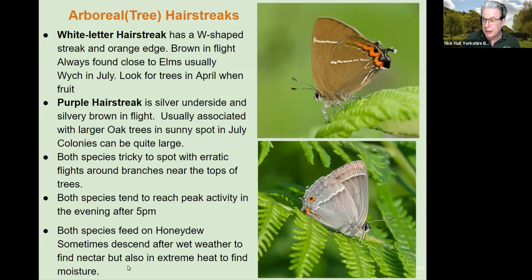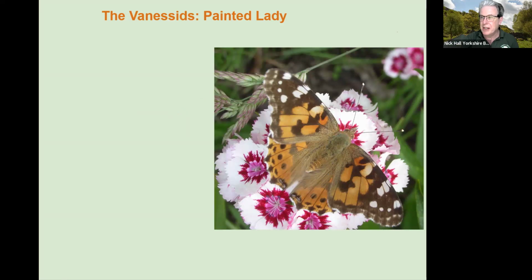But also, and this is very common, when it's extremely hot, you'll find them on the ground. And that's quite often where you find a colony, is you find a white letter hairstreak sitting on the ground.